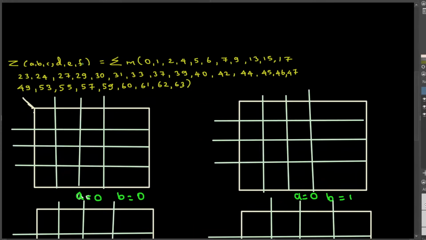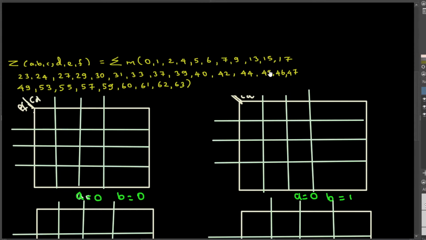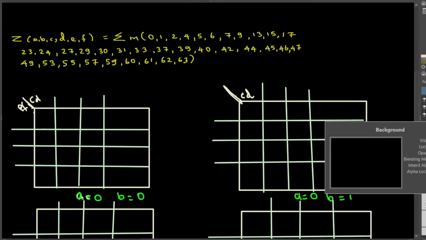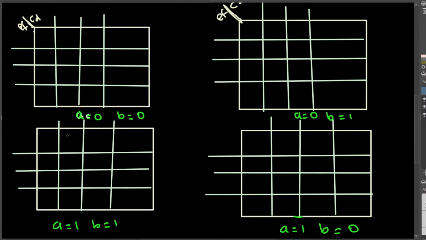So we have to take care of the other variables: C, D, E, F. CD, let me write it a little bit higher. CD, EF. This one also CD, EF, CD, EF.